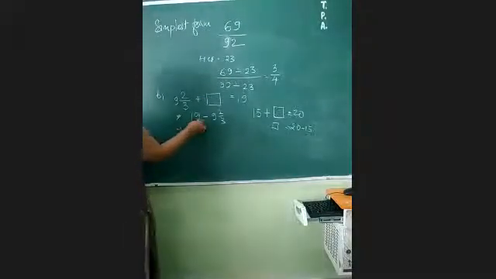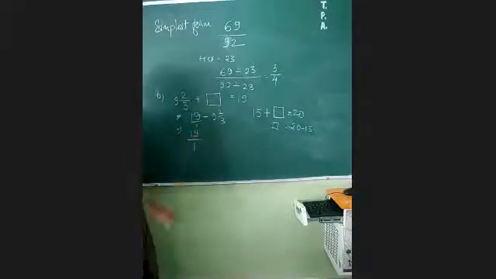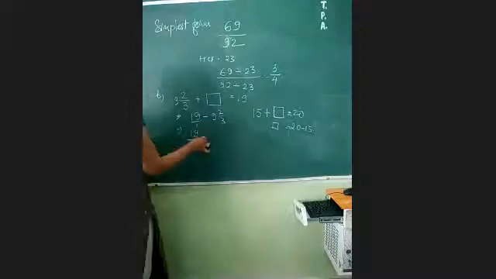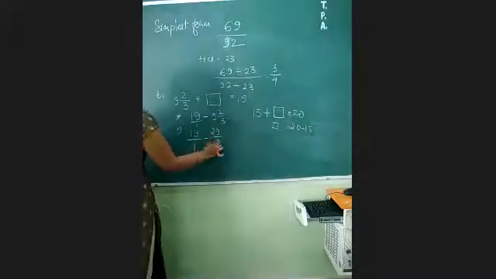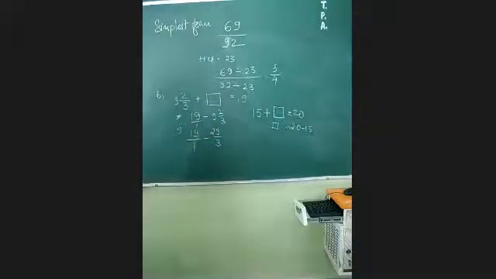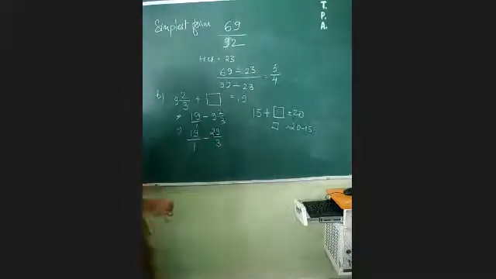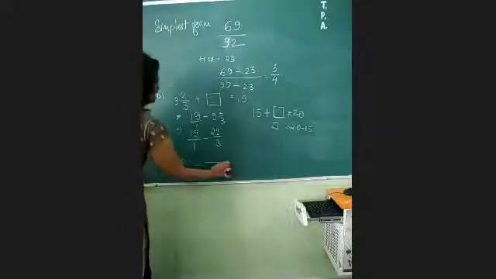How will you do that? 19 के नीचे कुछ नहीं है, जिसका कुछ नहीं होता उसका 1 होता है. So it will give you 19 upon 1 minus 9 3 are 27, 27 and 2 is 29, 29 upon 3. Now the LCM would be 3.